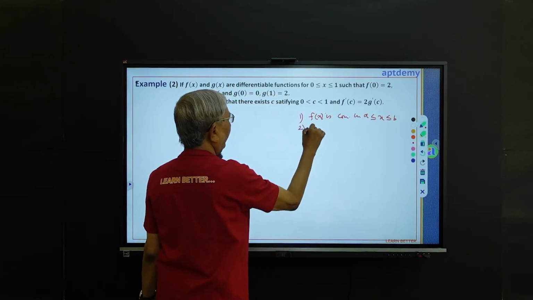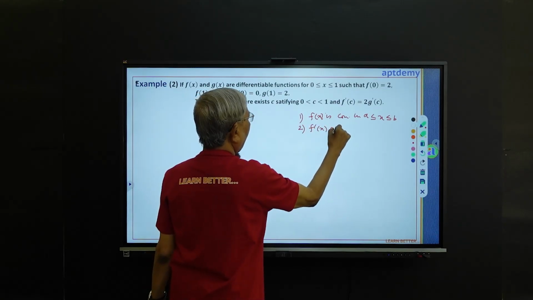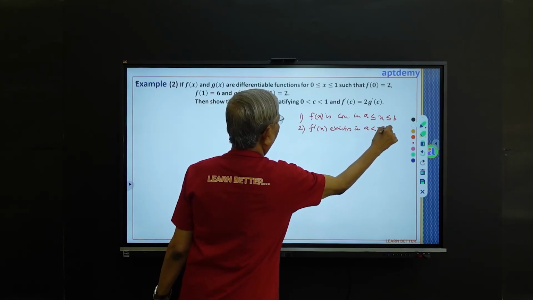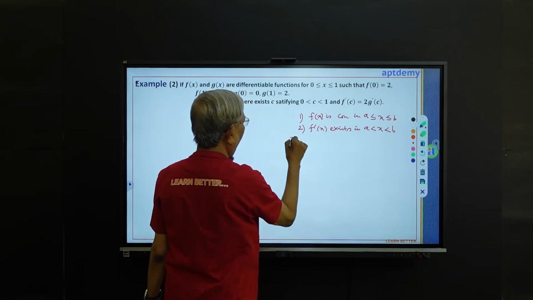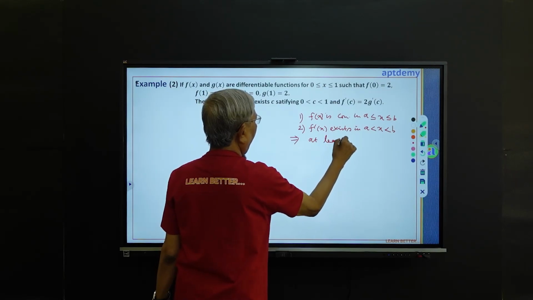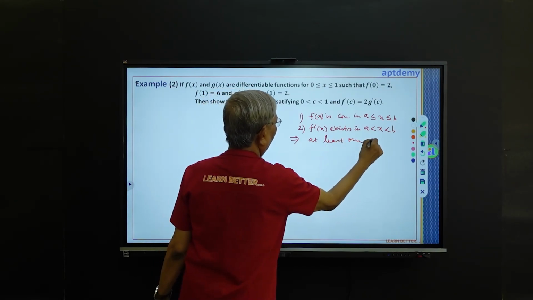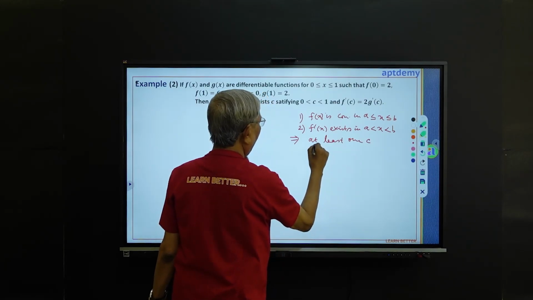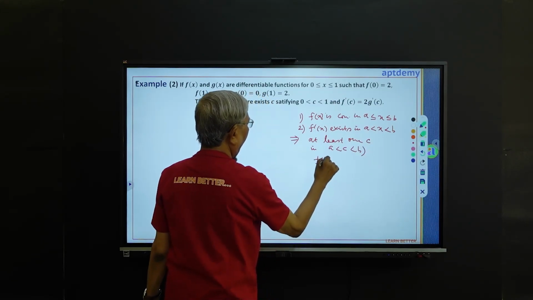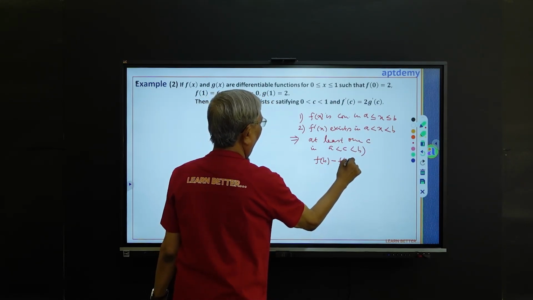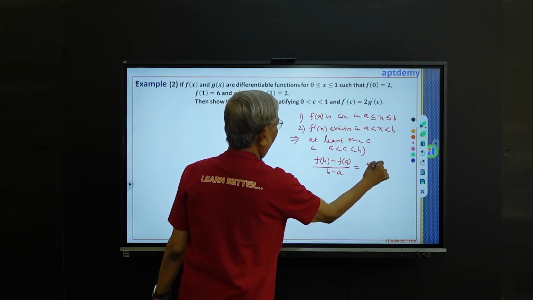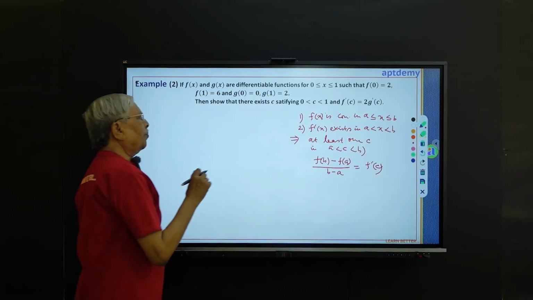Number two, f dash x exists in the open interval. Then there must exist at least one c in the interval a less than c less than b, such that f(b) minus f(a) by b minus a equals f dash c. This was the statement of the mean value theorem.